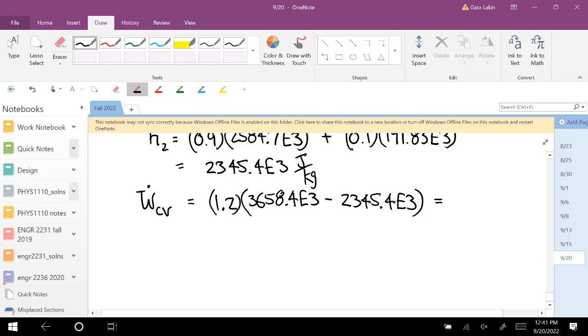And I think that is 1575.6 times 10 to the third joules per second, not per kilogram, per second. It's watts.